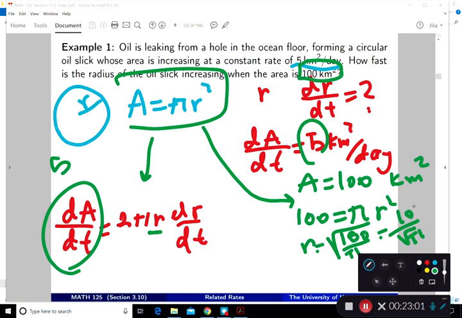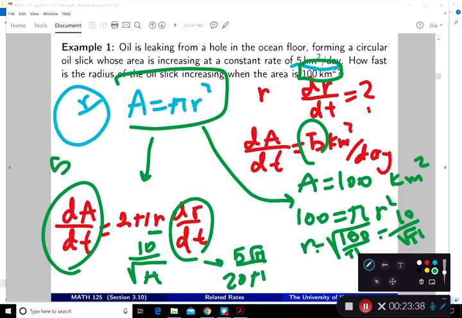Now, let's plug that back in here. So I get r is equal to 10 divided by square root of pi, and then I find dr/dt, which is going to give me, this is 20 times pi divided by square root of pi, and I have to go reciprocal, multiply it by 5, so I get 5 square root of pi over 20 pi, which is going to simplify to, I can put the square root in the bottom, or I can take it upstairs.